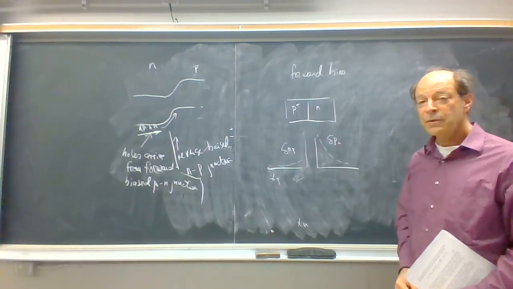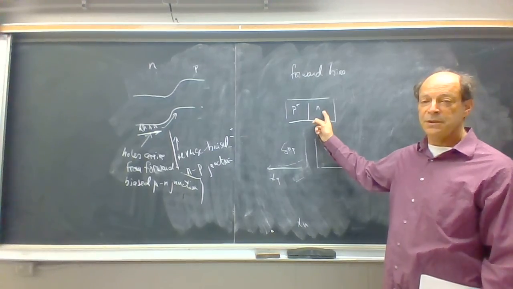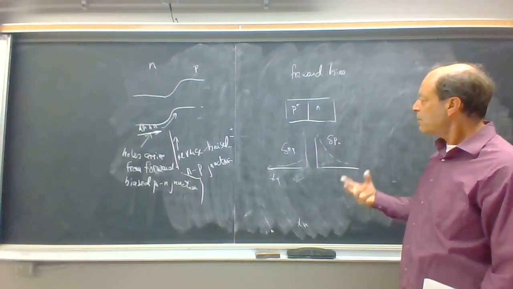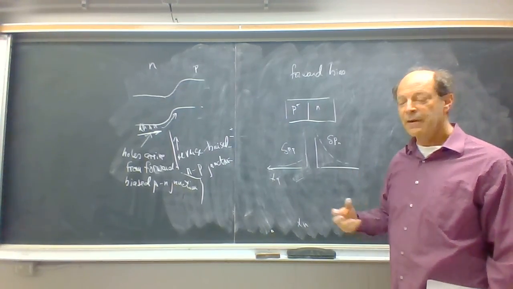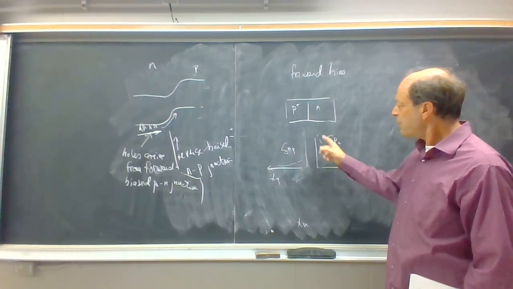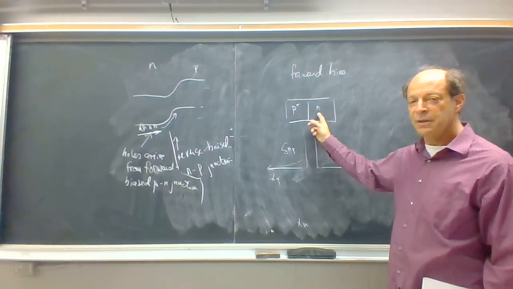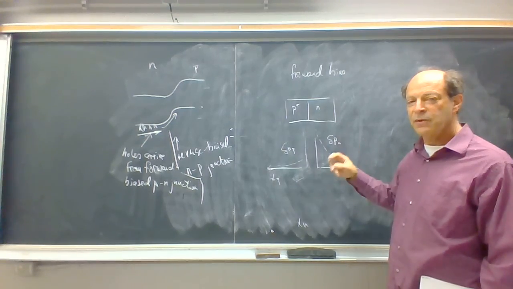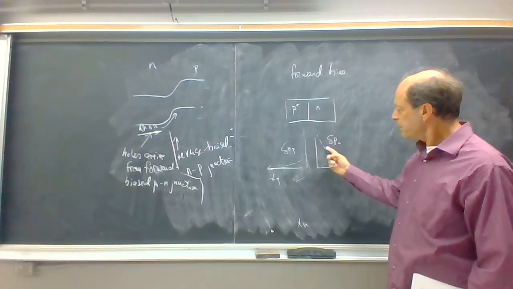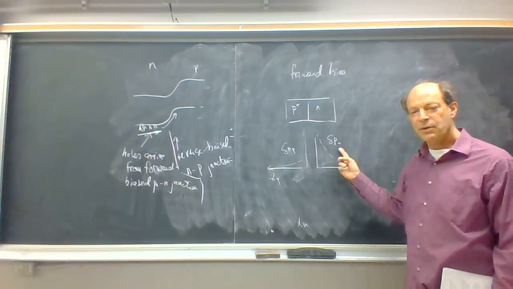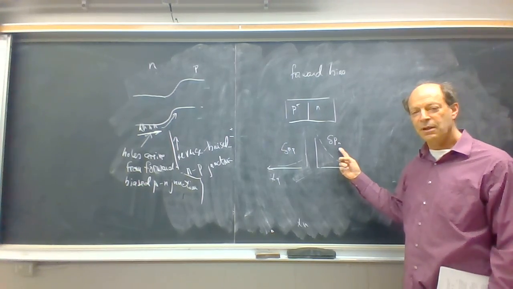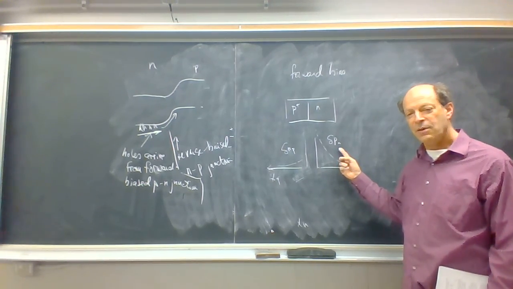Now, the reason for making this a P plus N junction is because we want to really have most of the current flowing through this forward bias junction. We want most of that current to be due to holes, because it's the holes we're trying to inject into the base so that they can then end up at the collector.